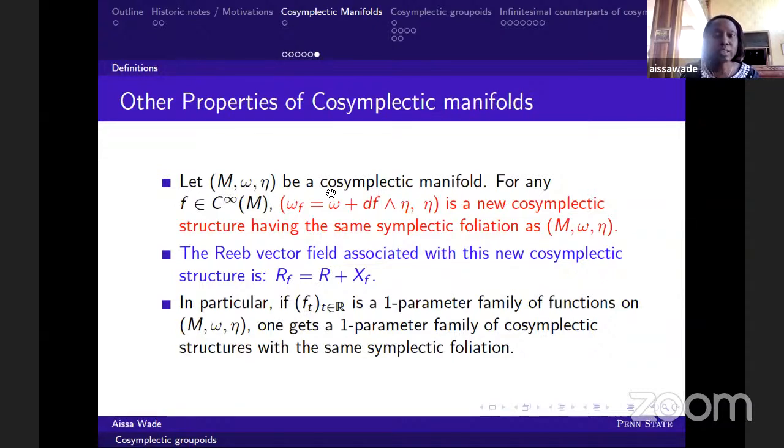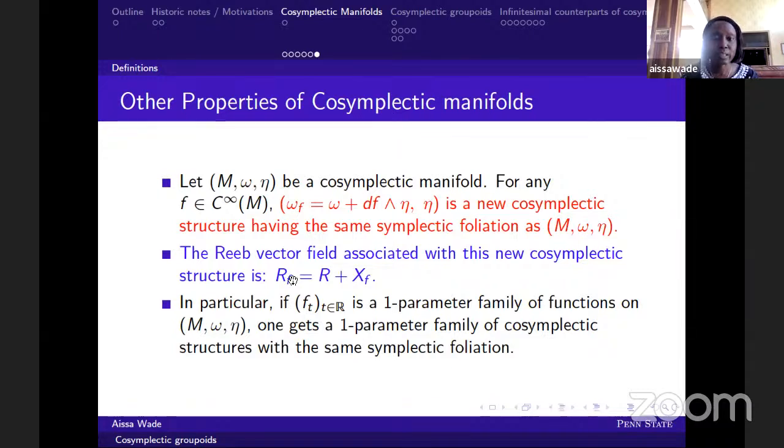Another way to get cosymplectic structures, to tell you that you can construct many, is the following. You start with a cosymplectic manifold and you take a function on your manifold. From this function, you take omega f, which is just omega plus df wedge eta, and you keep the same eta. Then this is a new cosymplectic structure having the same symplectic foliation as the original one.